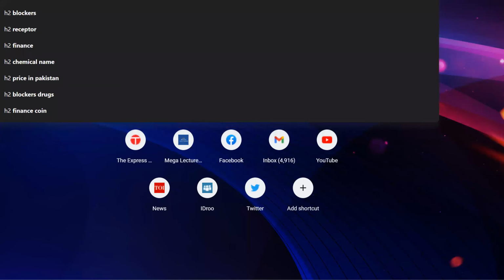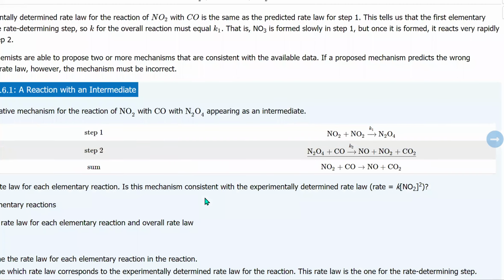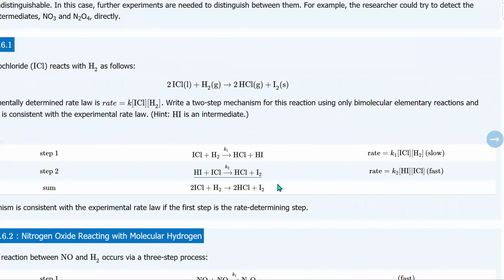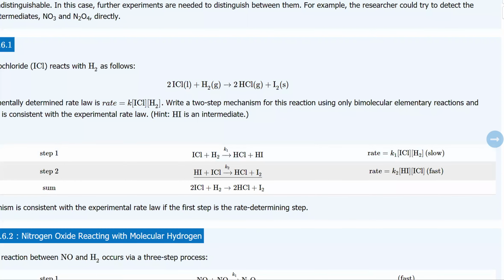Just 1 second. Let me just pick one mechanism. Let's pick this one. I think that's the mechanism of the reaction.